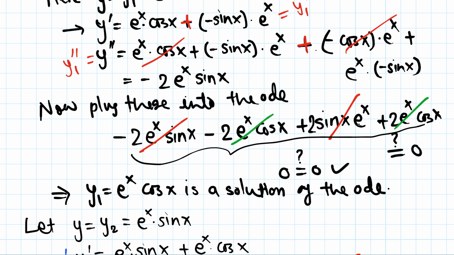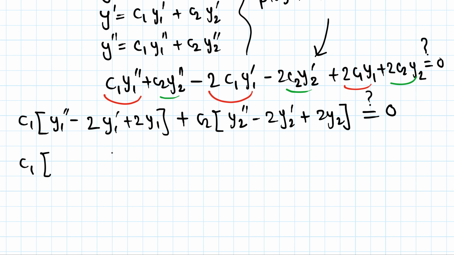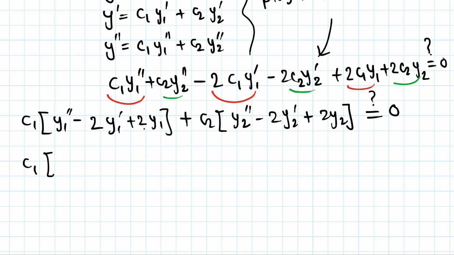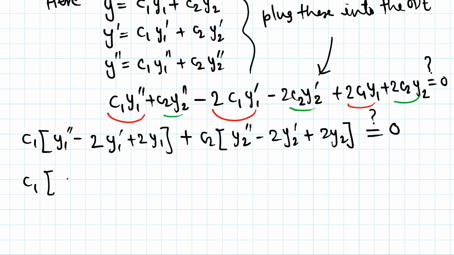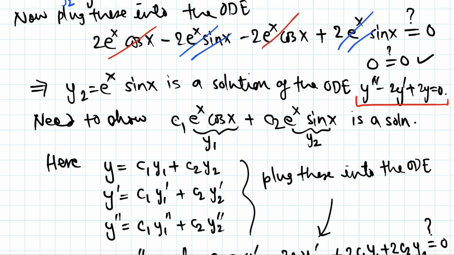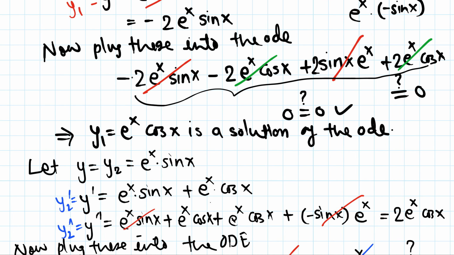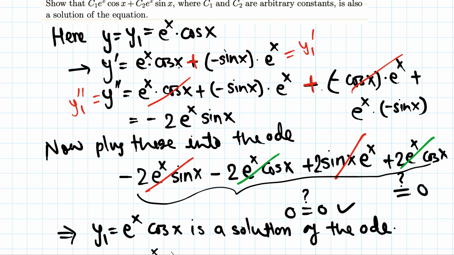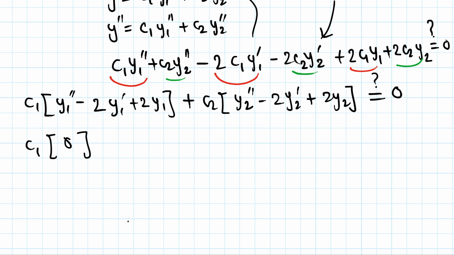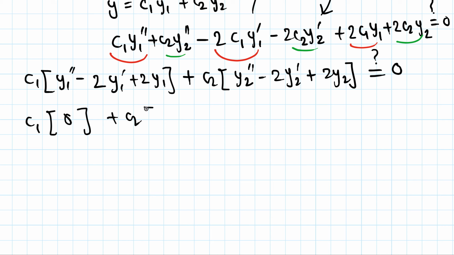Then when we plug that into the differential equation, y1 double prime minus 2 y1 prime plus 2 y1, that is pretty much the differential equation. Okay, so when we do this we get 0. You can plug in those values, y1 double prime, and this one minus 2 e to the x sine x minus 2 y1 prime here plus 2 y1, so you're going to get 0, plus C2, same thing, you're going to get 0.